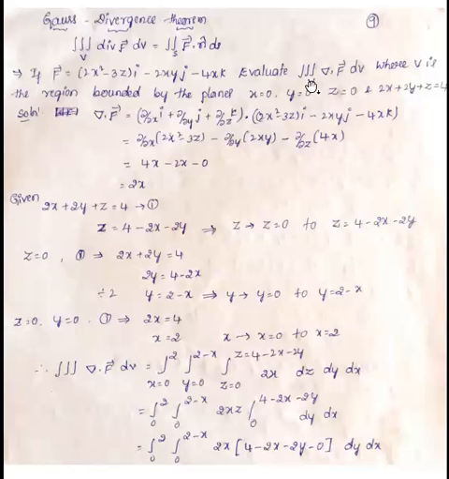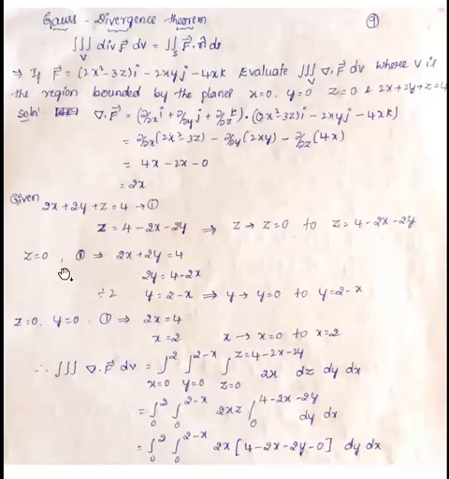Given the triple integral, using the given planes we have to find the limits. Here the lower limit of z is 0; using this equation to find the z limit, take 2x plus 2y to the RHS: z is equal to 4 minus 2x minus 2y. We get z from 0 to 4 minus 2x minus 2y.